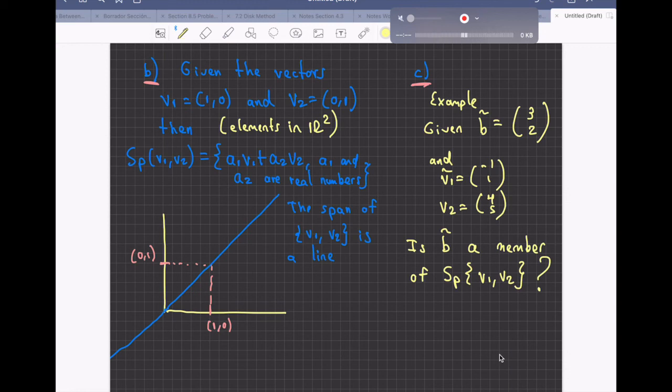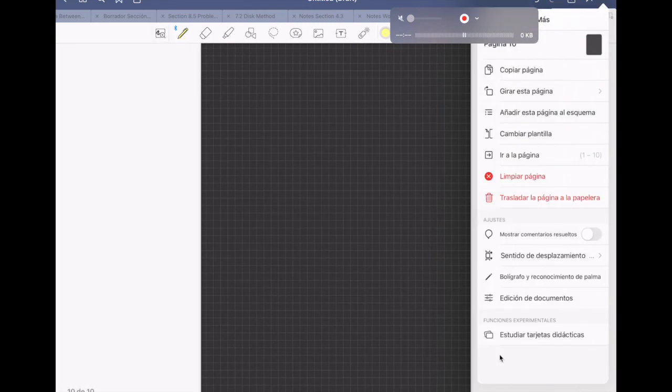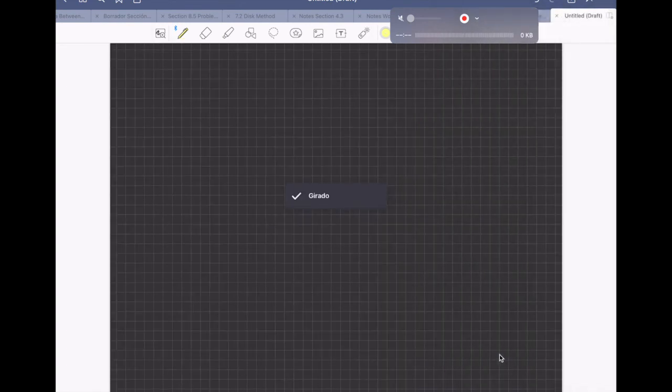So if B is in the span of B1 and B2, then B must be a linear combination of B1 and B2.